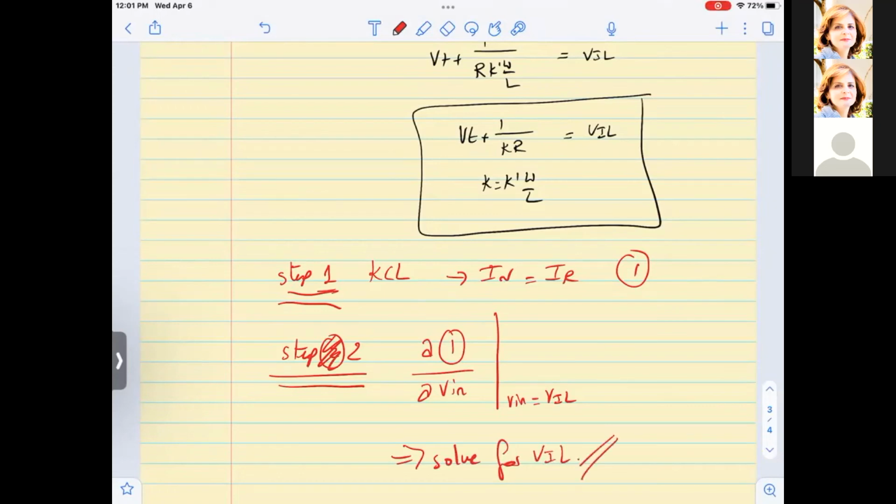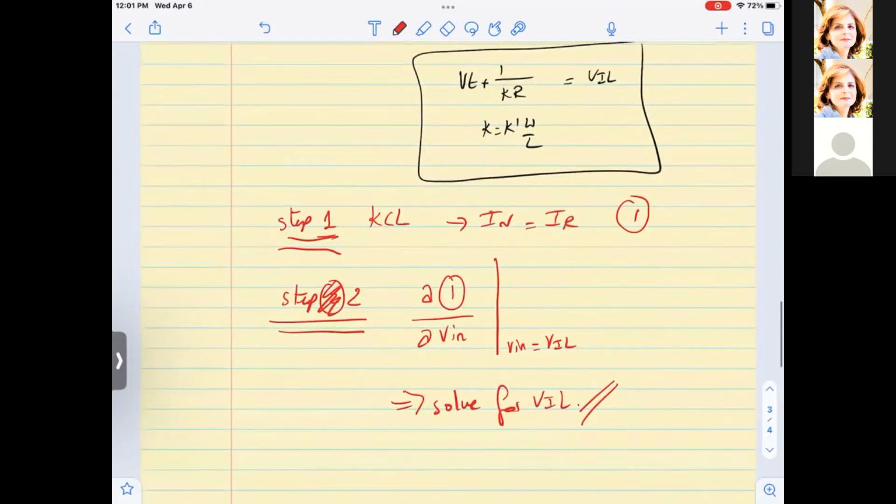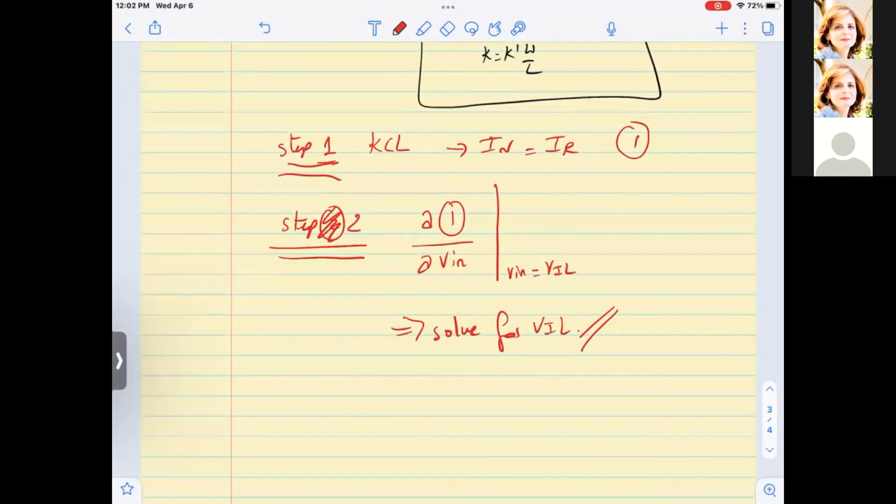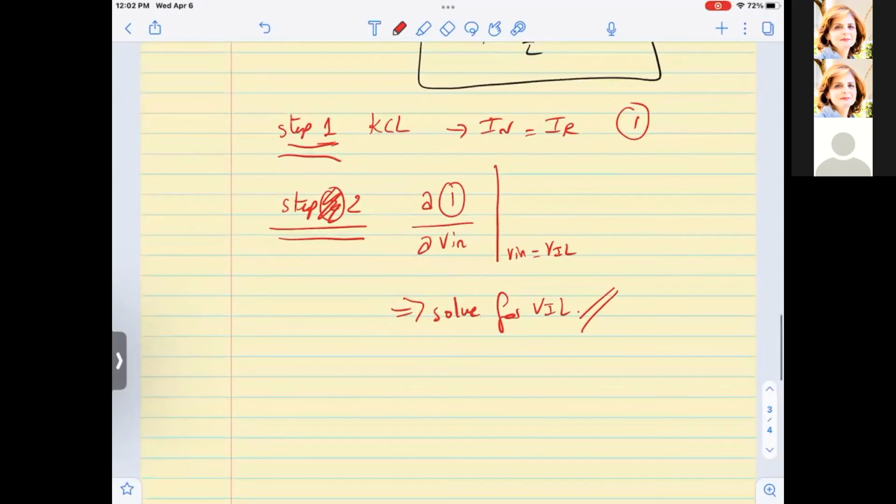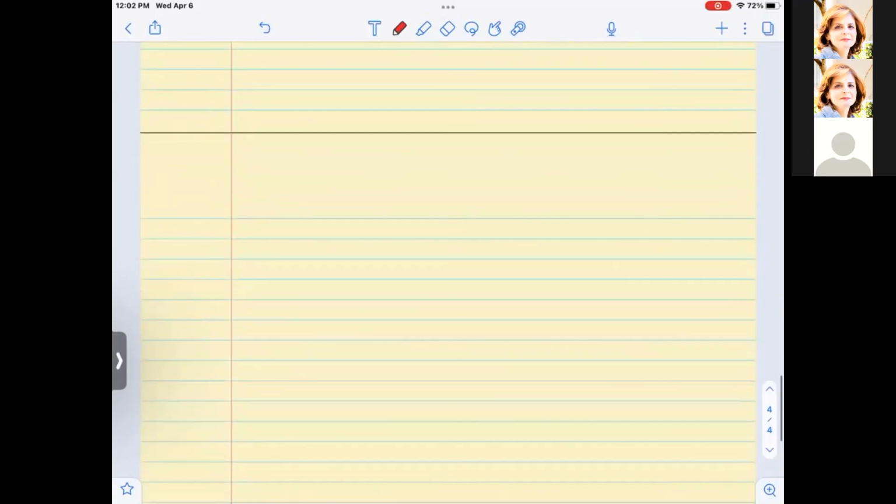Okay, so this is the second quantity that we solved for. And the third quantity بعد VOL and VOH. So let us now look at the fourth quantity.